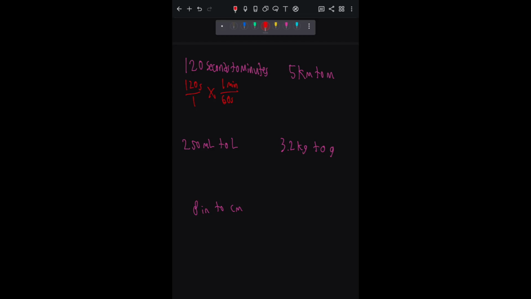But you don't really know how you get your units there. And that's what this is for. So you start with your number over 1, 120 seconds over 1. And you multiply that by the conversion rate, or the conversion factor, whatever you want to call it. However, that conversion factor has to have the units on the denominator, or the opposite part of the fraction.